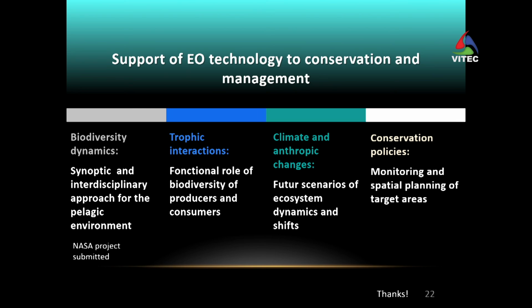We can have also derived information about trophic interactions. We can have information about environmental shifts, climate change, effects of anthropogenic impacts, and also we can use it very well as a tool for conservation and management objectives.